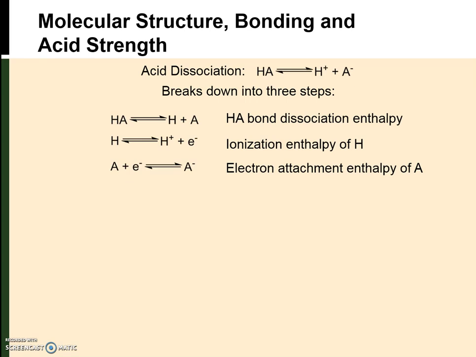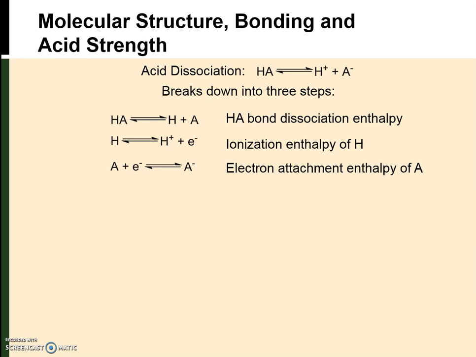So if we were to add these three enthalpy changes, that would give us the overall enthalpy change for the acid dissociation, and the magnitude of this value, how negative it is, is going to tell us something about how favorable it is for it to occur.